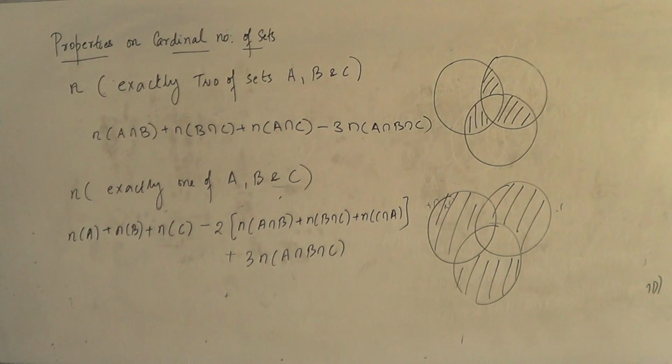If you're saying A minus B, let B have a few elements which are not there in A. So when you subtract B from A, you're just removing the elements which are the intersection of A and B. You're just excluding. So if you add 3 times that, you're going to get it back. Now you're anyway subtracting 2 times that thing, so everything is going to get removed anyway. You don't need to add that.